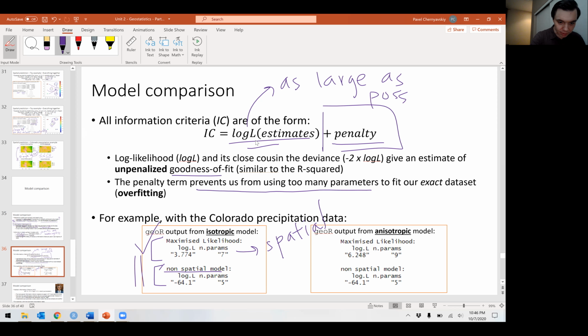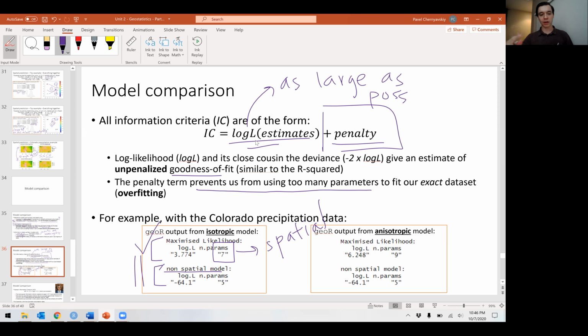But the spatial model does estimate 2 additional parameters, and it's always fun to try and count them, right? So this is from the Colorado data. So the non-spatial model has an intercept, main effect of elevation, main effect of slope, the interaction between elevation and slope, that makes 4. What's the 5th one? Residual standard deviation.